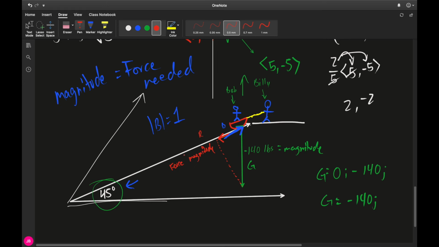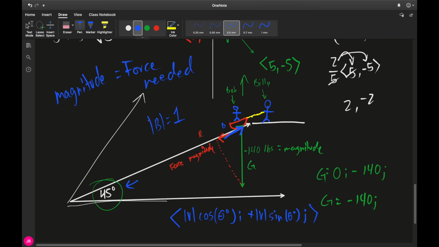unit vector. And unit vectors have component form of their magnitude times the cosine of the angle theta times i plus their magnitude times the sine of theta times j.